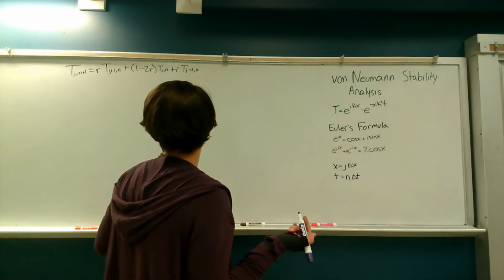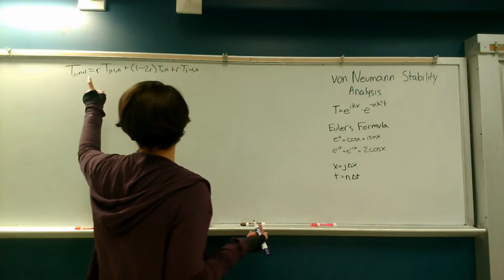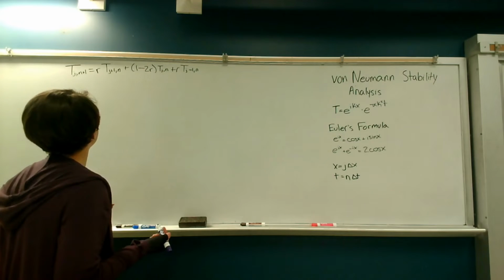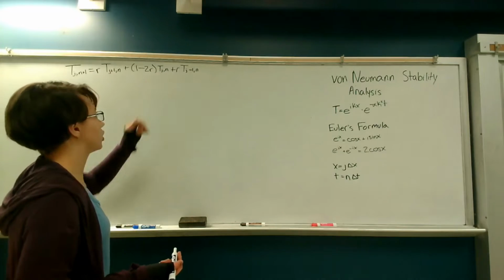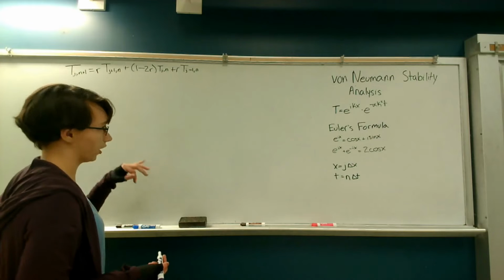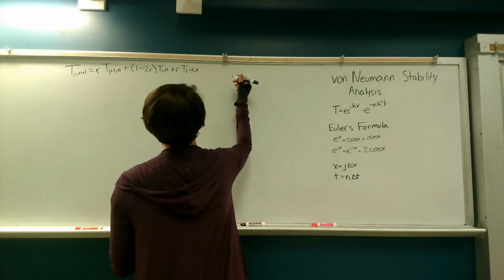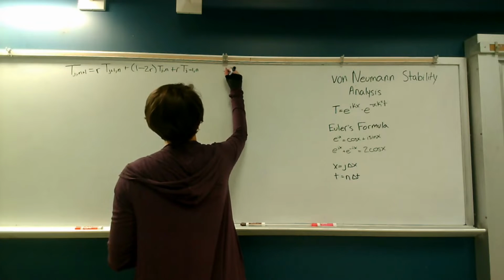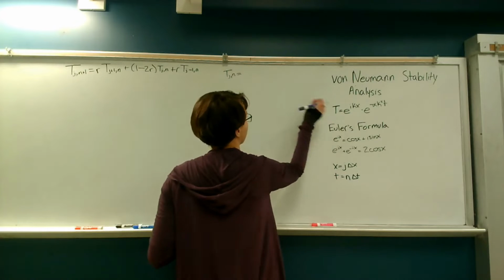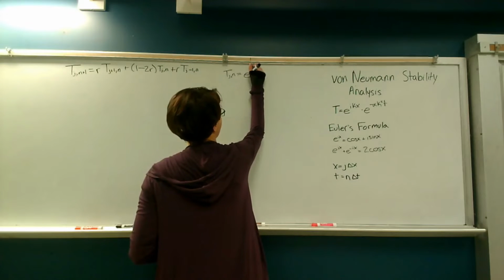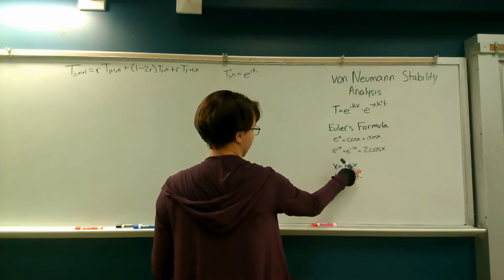So first thing we're going to do is we're going to start using this to plug values in here. And we're going to try to plug them in terms of T at j at n. So let's first solve this for that. So we'll have that the value of T at j at n is equal to e to the i k times x, and x in this case is j times delta x.